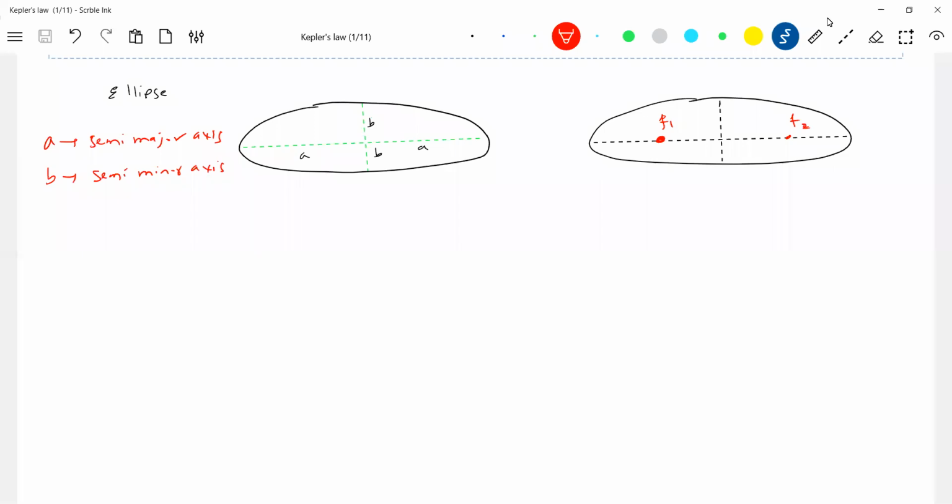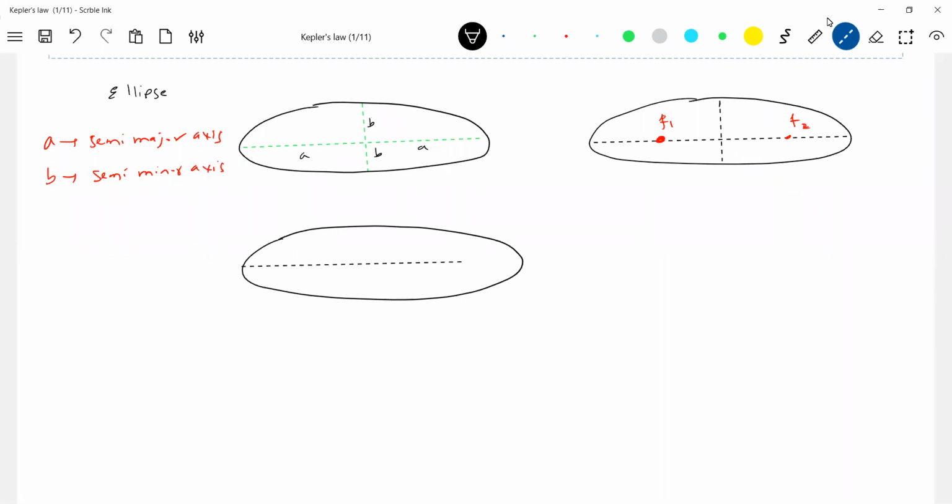If this is the distance R1, I'll call, okay, let me give another diagram. Let me choose one of the foci, it'll be easier. So this distance from the near point, we'll call it R1, and let this distance be R2.